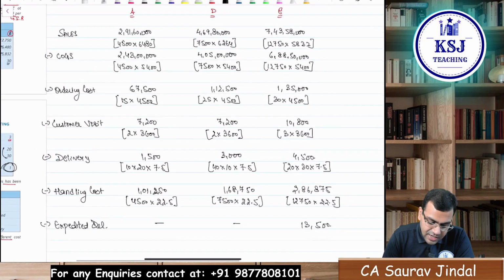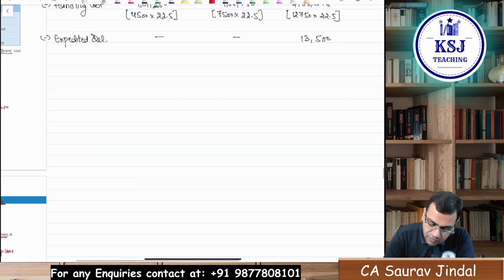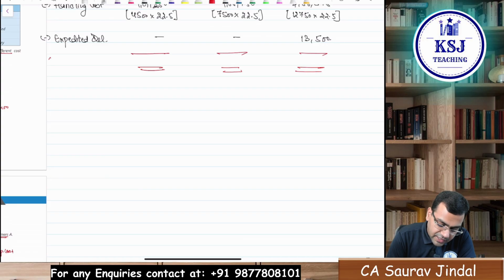That's it. Now if you solve this, what you will get from this, you will get your operating income. That is what they are asking for. That is operating income.